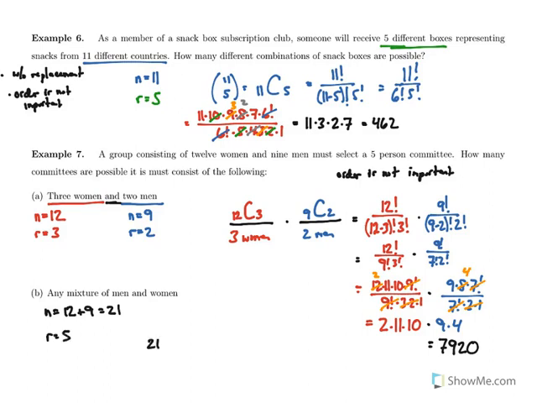So this is going to be 21 choose 5. 21 factorial over 21 minus 5 factorial times 5 factorial. 21 factorial over, not 6, sorry, 21 minus 5 is 16 factorial times 5 factorial. And I'll just leave that as is. We don't have to do that calculation over and over again.